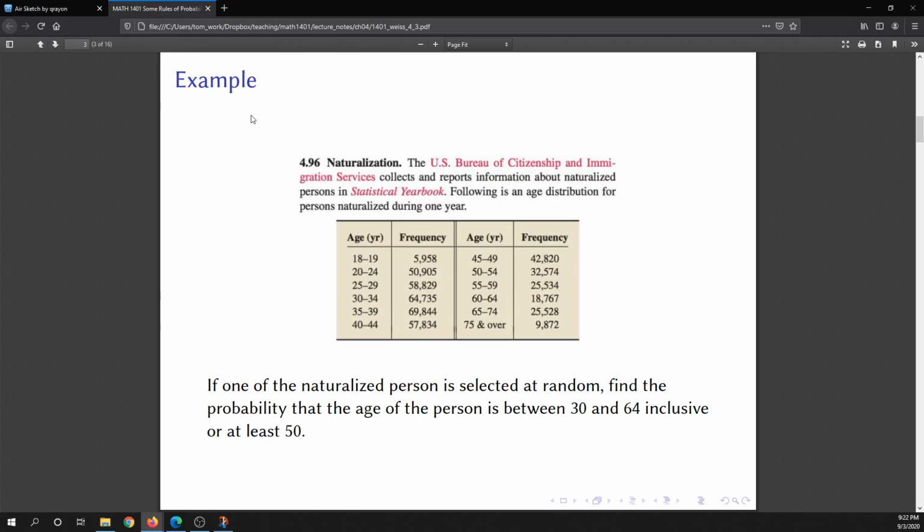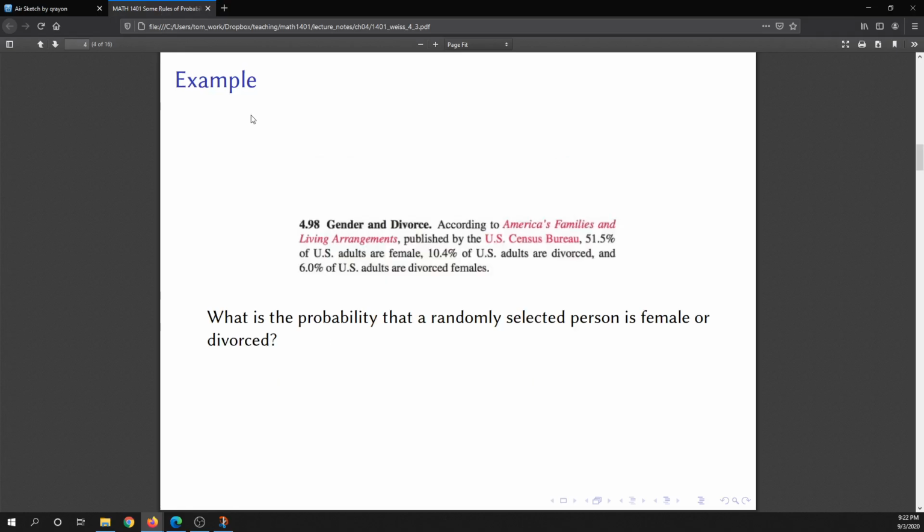And so in problem 4.98, they're giving us percentages, right? And another way you can look at these percentages is as probabilities. So they are giving us the probabilities. We don't have to calculate those ourselves, okay? And that means in this example, we pretty much have to use the general addition rule.